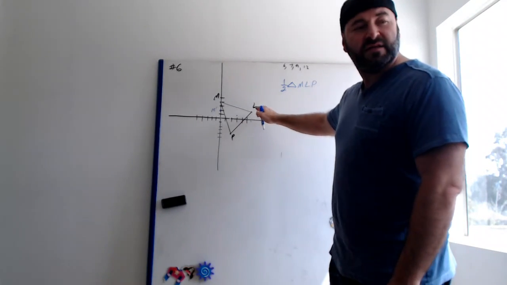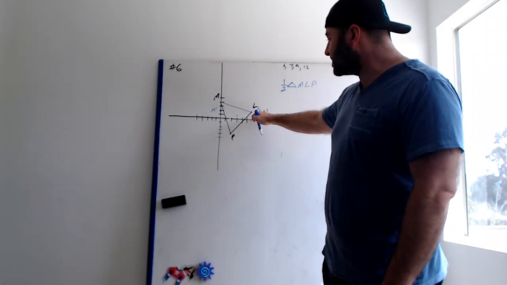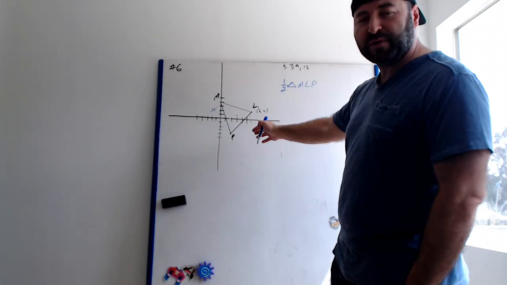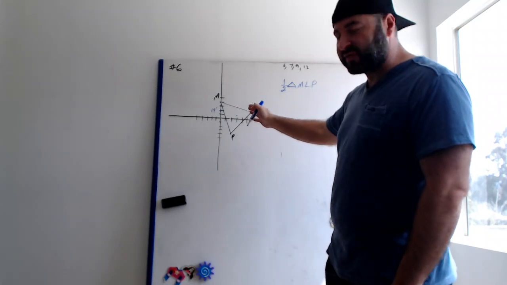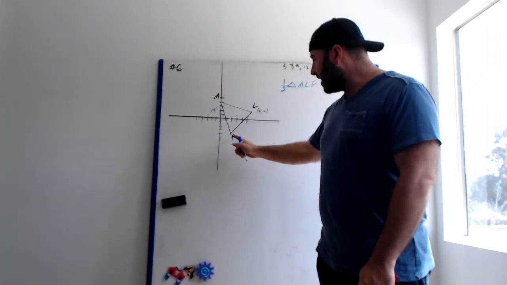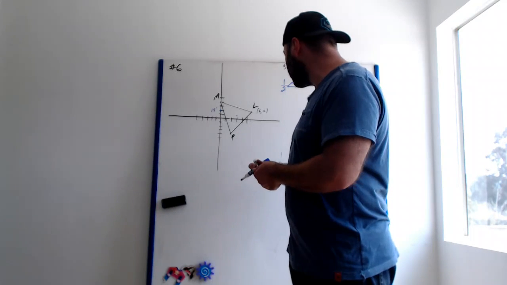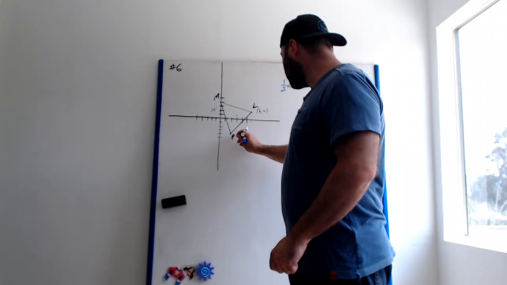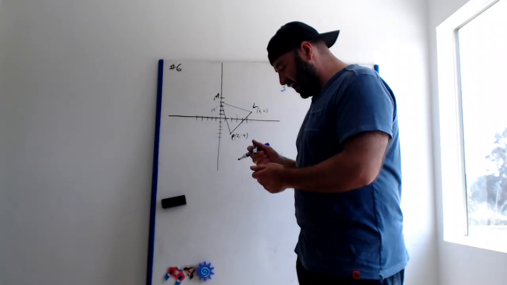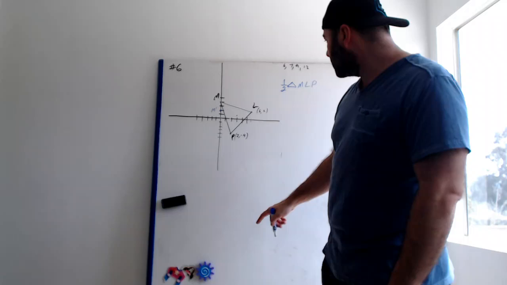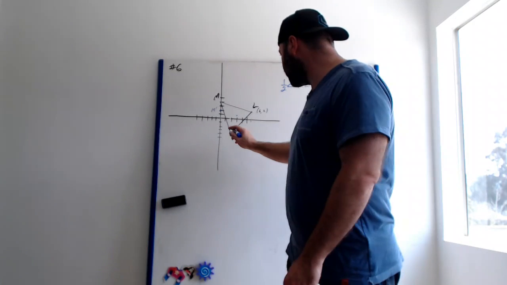I can just divide them by 2 because my center is the origin. If it was anyplace else, I would have to adjust for it. And then P is at the coordinates 2, -4. We cut that in half, and we're at 1, -2.